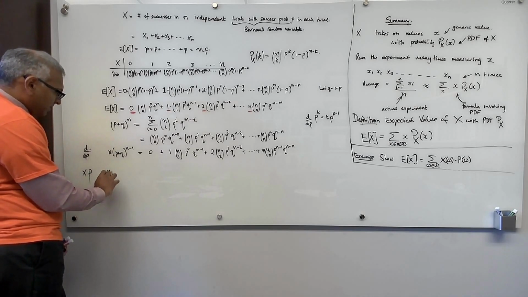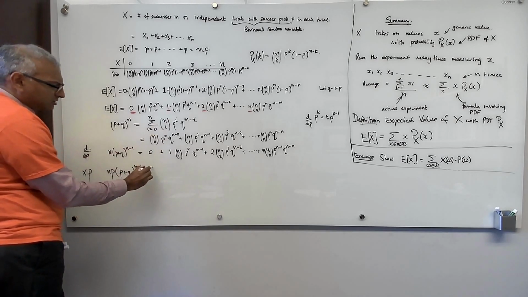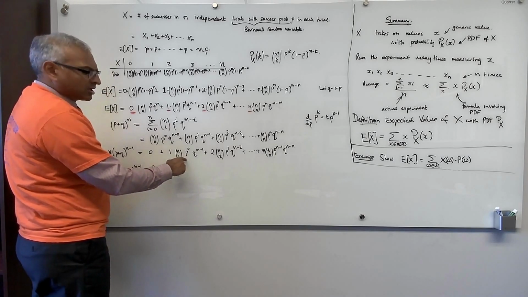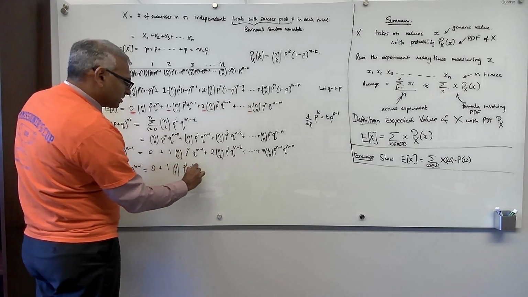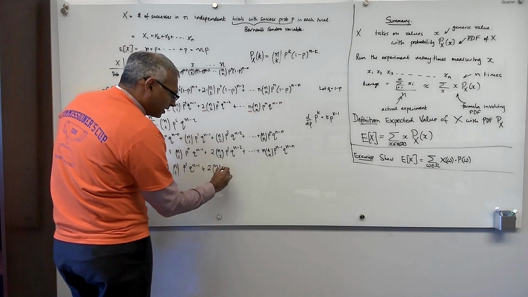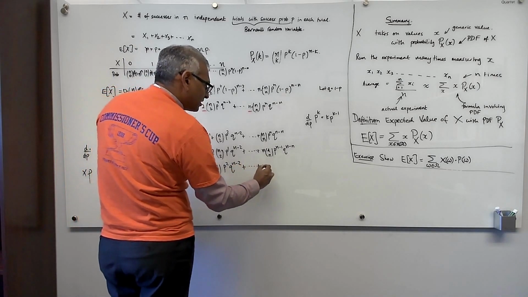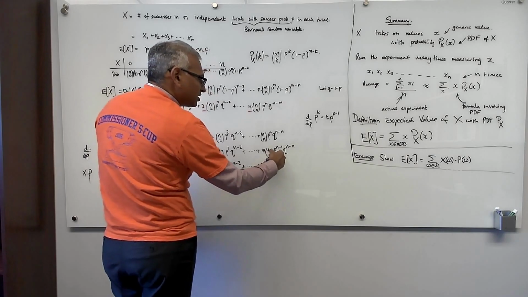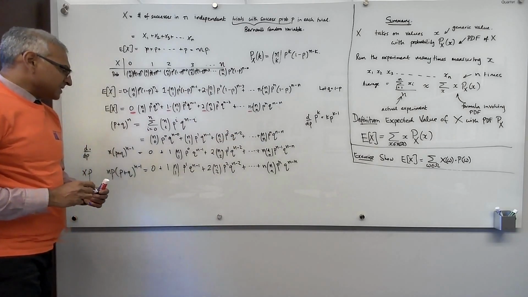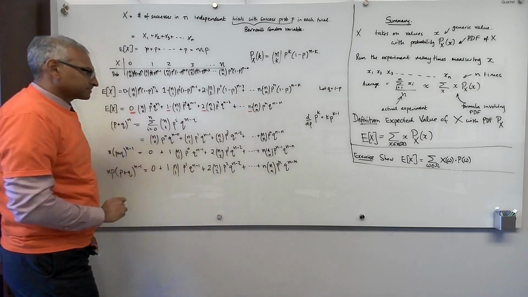I get np(p plus q)^(n minus 1) is equal to 0 times p is 0, plus 1 times n choose 1, p to the 0 times p is p to the 1, q to the n minus 1, plus 2, n choose 2, p to the 1 times p is p squared, q to the n minus 2, plus, and so on, plus n choose n, p to the n minus 1 times p is p to the n, q to the n minus n. And now, if I compare, I see that I have exactly that expression.